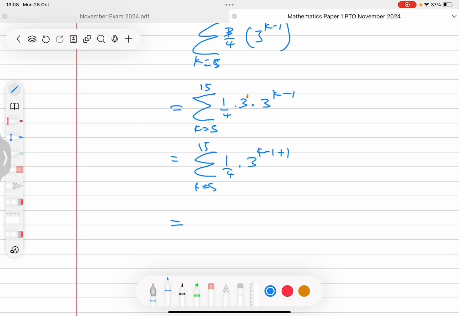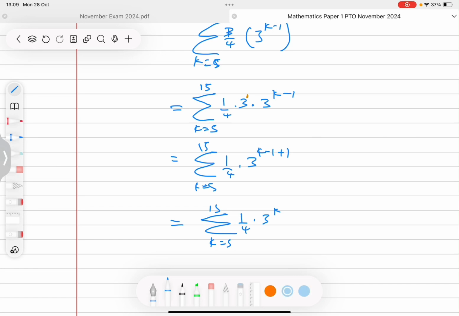Now, here we'll have the sigma notation equal to 1 over 4. This should give me 3 to the power k, because we have a 3 here, and k equals 5 to 15 here.